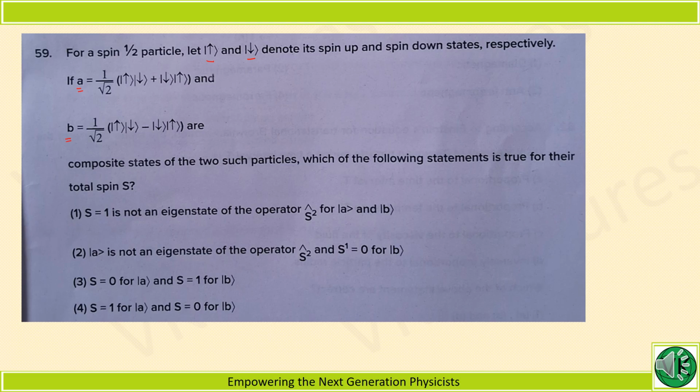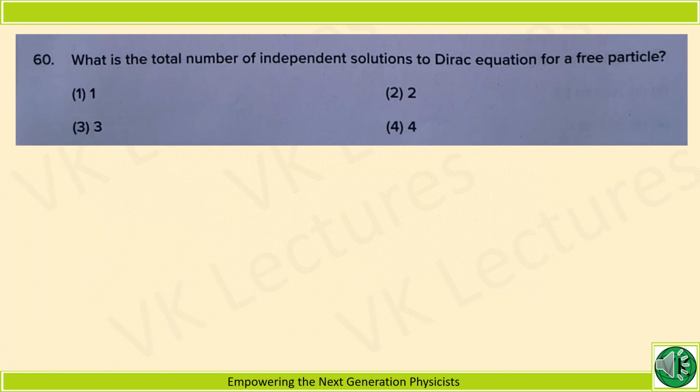The correct answer is option 4, that is S is equal to 1 for A and S is equal to 0 for B. What is the total number of independent solutions to the Dirac equation for a free particle? The answer is option 4.